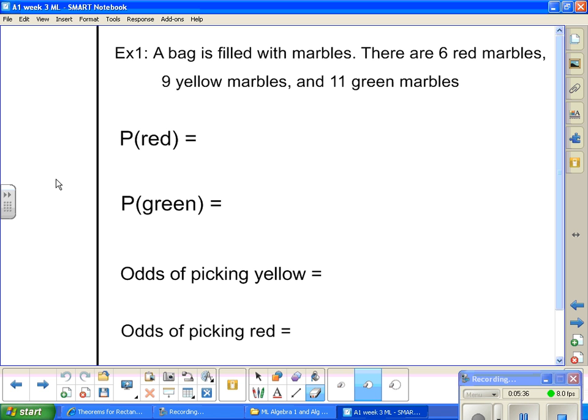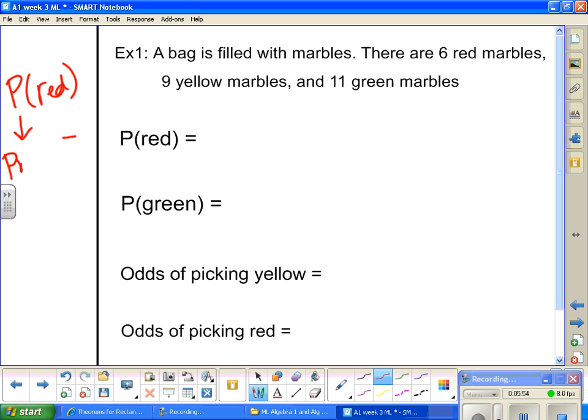But we want to know, what is P red? P red is just abbreviating P for probability. So what is the probability of red?